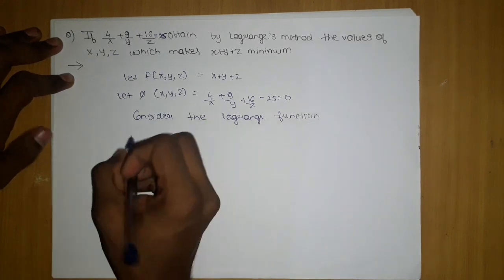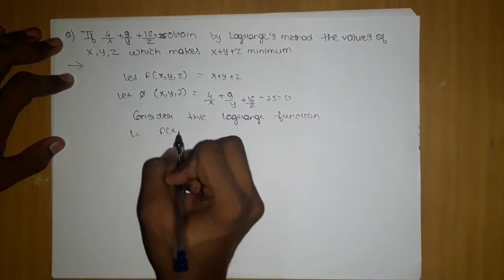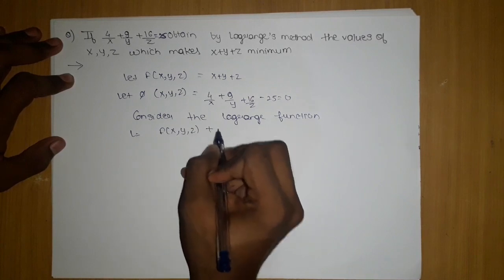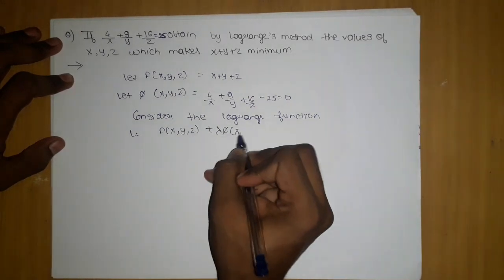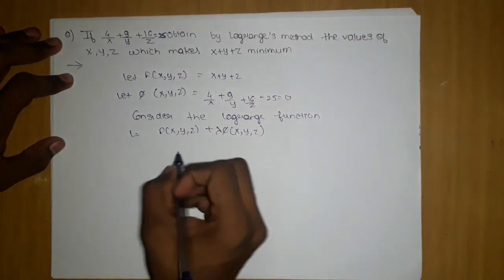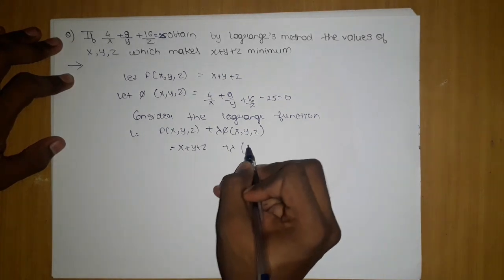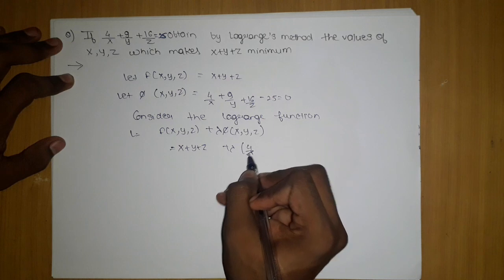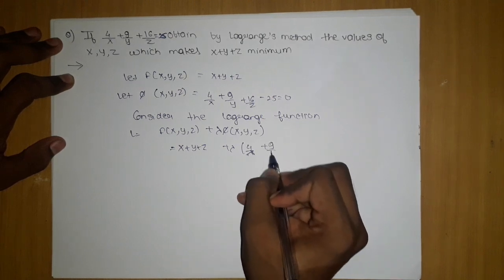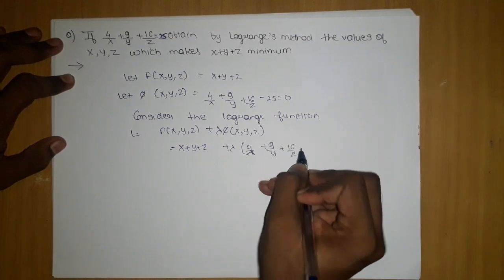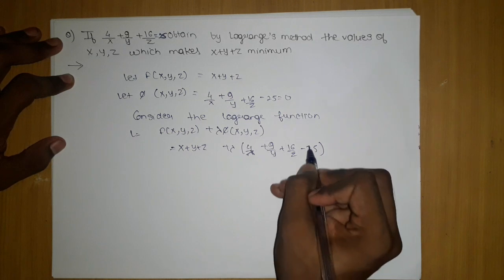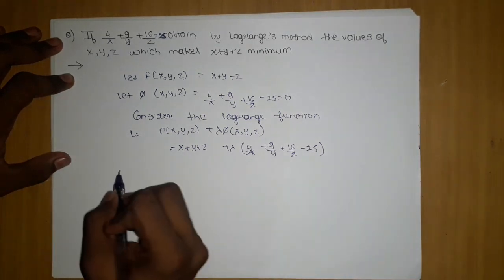What we are going to consider? L equals f of x, y, z plus lambda times phi of x, y, z. So after this, x plus y plus z plus lambda times 4 by x plus 9 by y plus 16 by z minus 25.